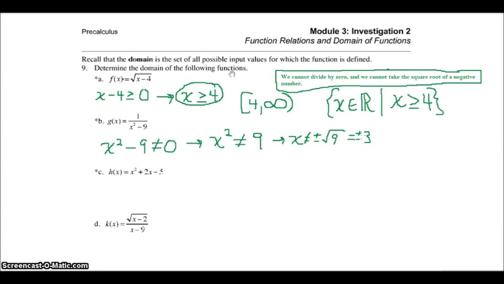So x cannot equal positive or negative 3. That means our domain is all real numbers except positive and negative 3. That's a perfectly fine way to jot down your answer. The domain is all real numbers except 3 and negative 3.